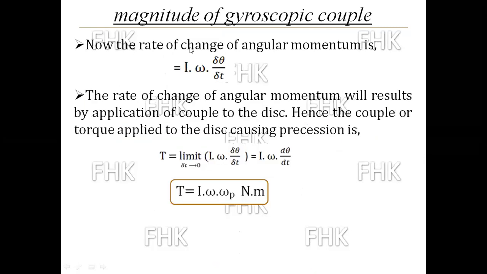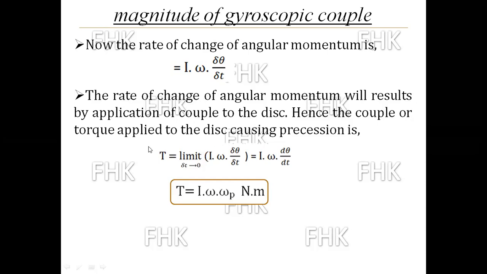Now the rate of change of angular momentum is equal to I into omega delta theta by delta t, with respect to time. The rate of change of angular momentum will result by the application of a couple to the disk.